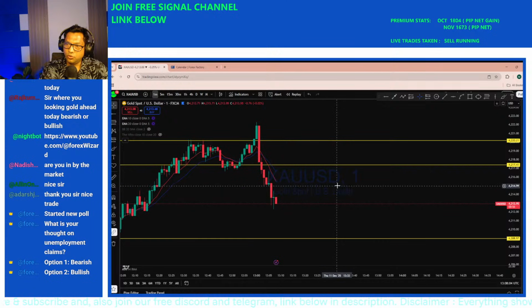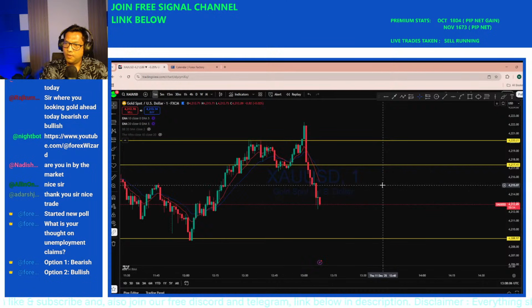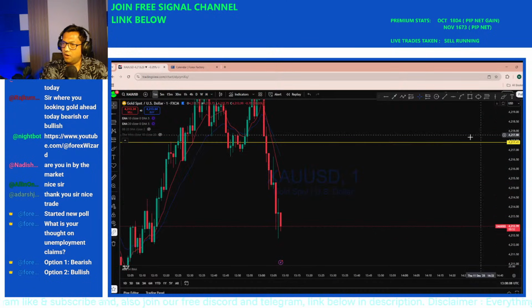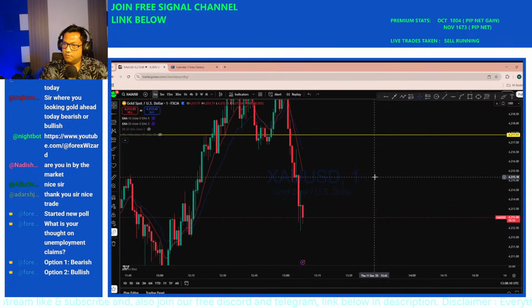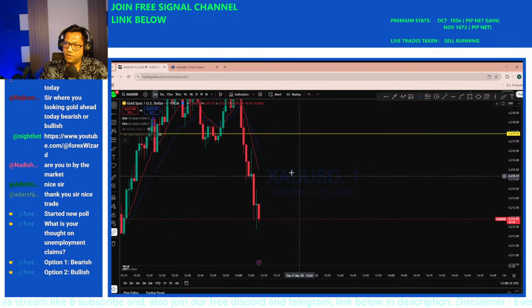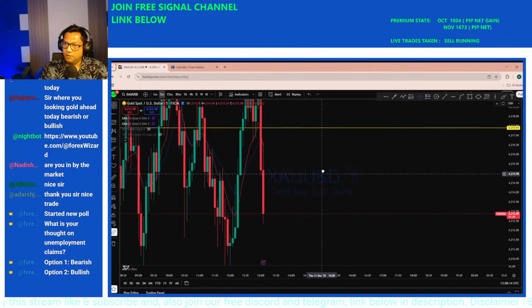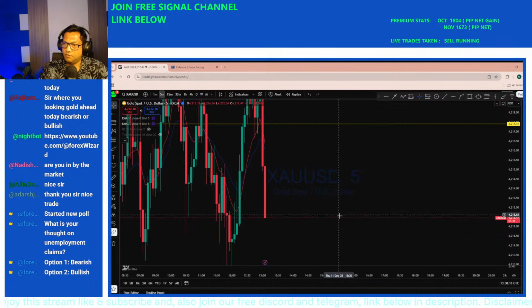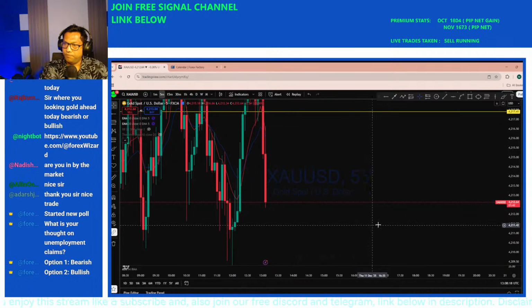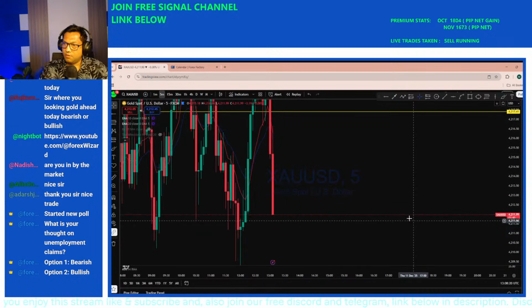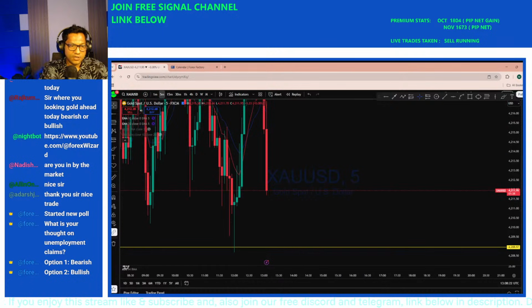We see back-to-back two dojis here, and because there are back-to-back two dojis, the market may eventually move, the imbalance is in that direction.